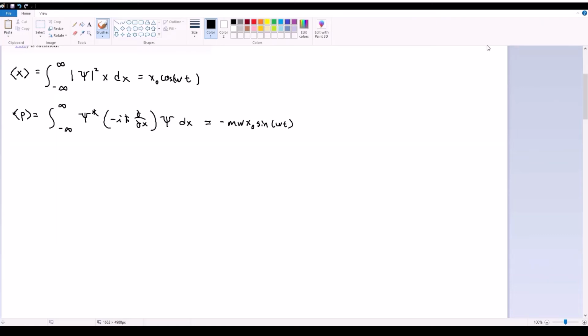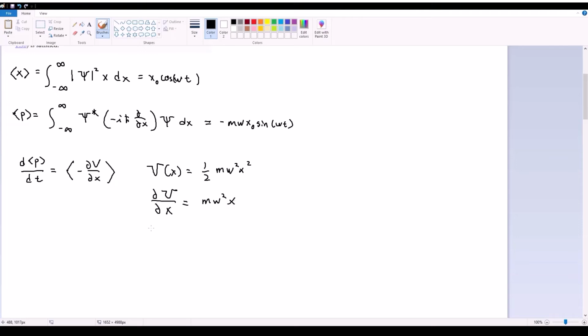Okay, finally, we want to check the Ehrenfest theorem, which states that the derivative of the expectation value of p with respect to time has to equal the expectation value of negative dV by dx. For our harmonic oscillator, we have V equal to 1/2 m omega squared x squared. So dV by dx is going to equal m omega squared x, and the negative of that is just this.